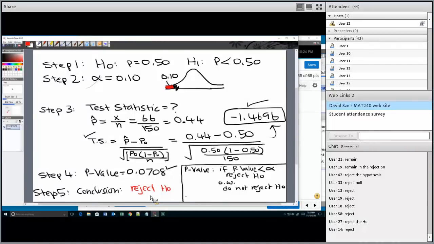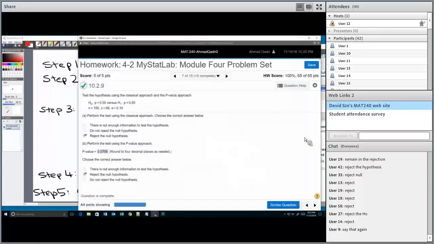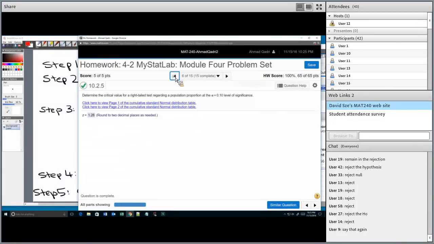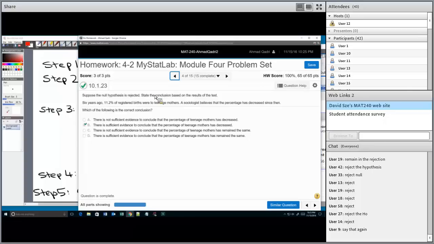And then the full statement will be, there is sufficient evidence that your proportion is less than 0.50. Remember those conclusions in the problems before? That is exactly how we're going to conclude this test. Once you get to this decision, you've done your test. So your conclusion will be just like you did in the previous problems.